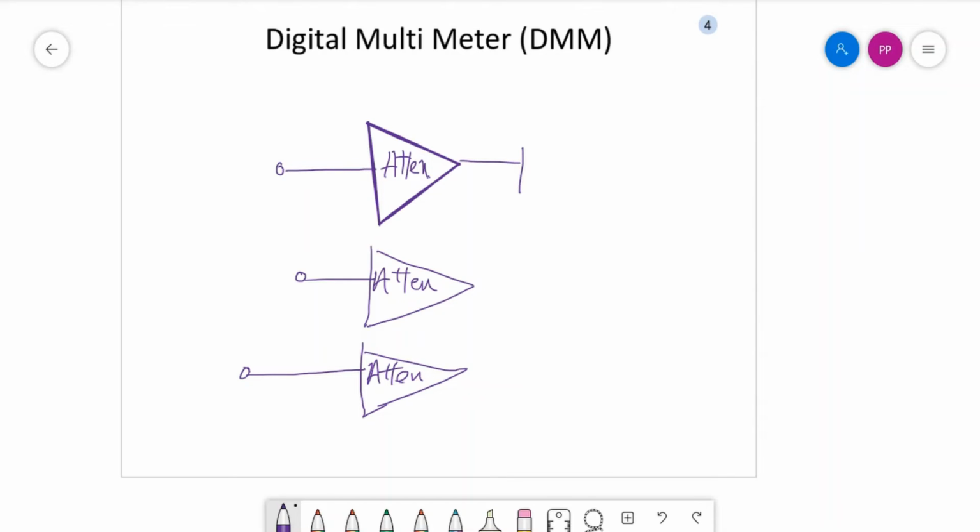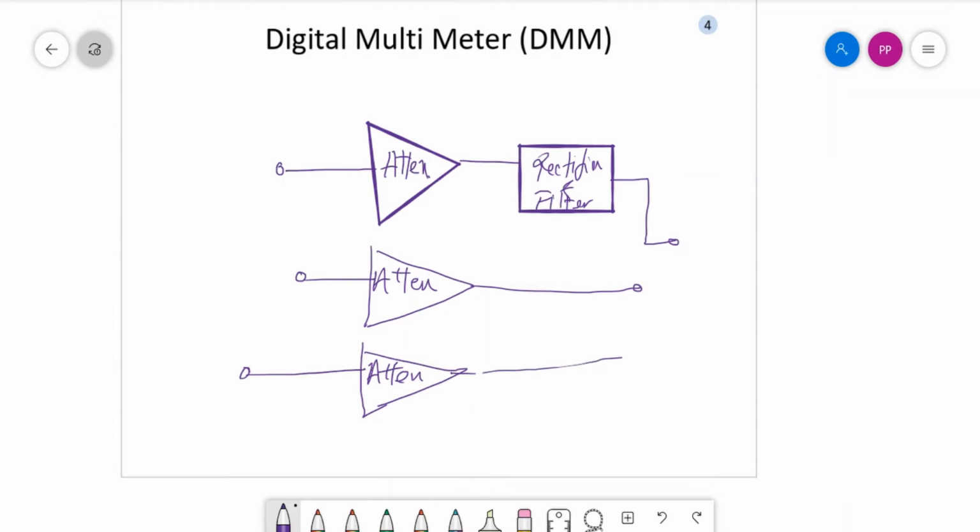So if you are going for AC measurement, you need to rectify. So you have rectifier and filter. So this output is going to a switch, and this output is going to a switch, and we have the third switch which is using a resistor and a ground, and we also have a fourth switch which will be taken to the output directly.